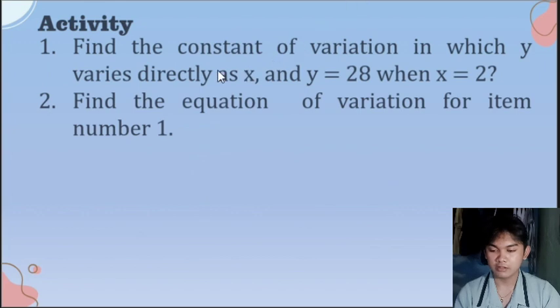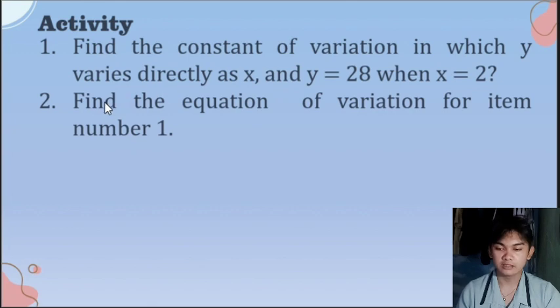So this activity consists of two items. The first is find the constant of variation in which y varies directly as x, and y is equal to 28 when x is equal to 2. The second one is find the equation of variation for item number 1.